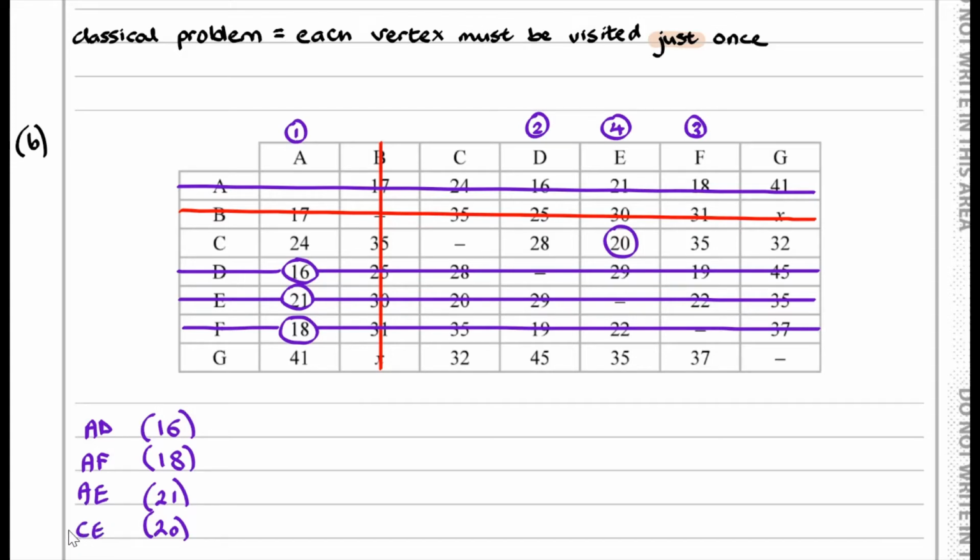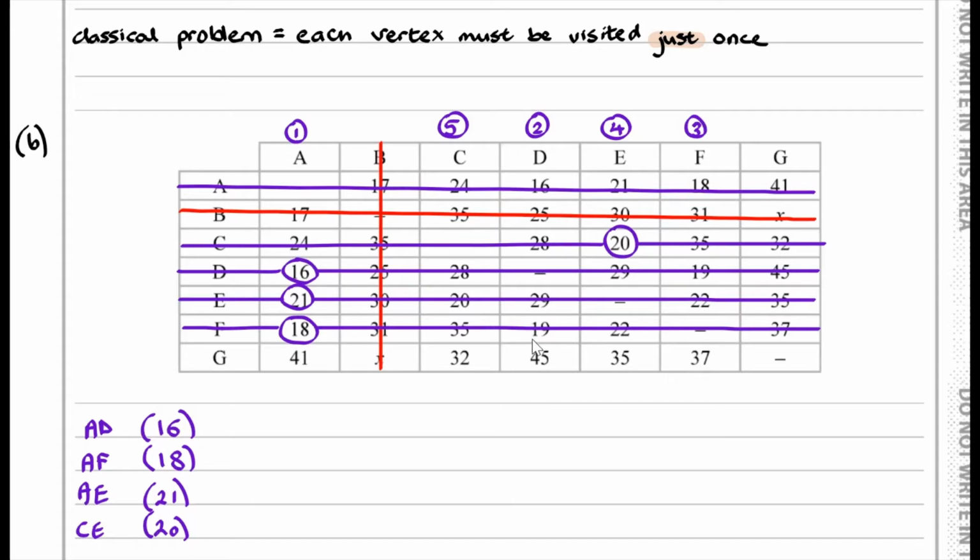So we delete all of C. And then we label C with the number 5. Okay? And then we look down A, C, D, E and F and look for the smallest number.